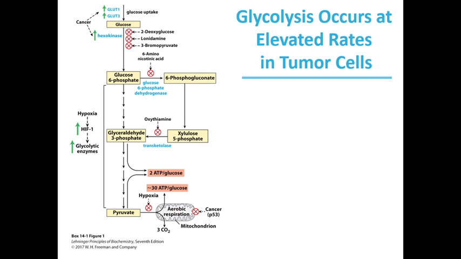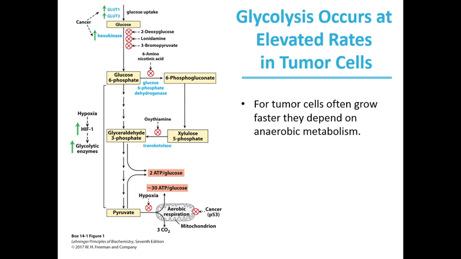Glycolysis occurs at elevated rates in tumor cells. Most tumor cells grow under hypoxic conditions, that is, with limited oxygen supply. This is because, at least initially, tumor cells lack the capillary network to supply sufficient oxygen.